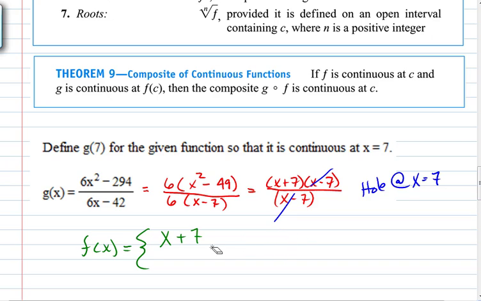Strike that. I need this. Sorry. It's going to be the same as 6x squared minus 294 over 6x minus 42, provided that x is not equal to 7. The question then becomes, what does this function have to be equal to if indeed x is equal to 7?